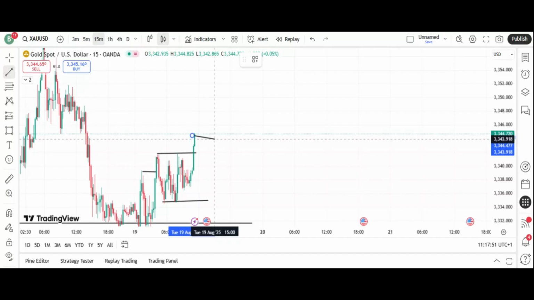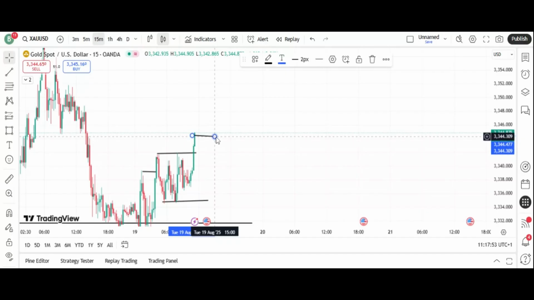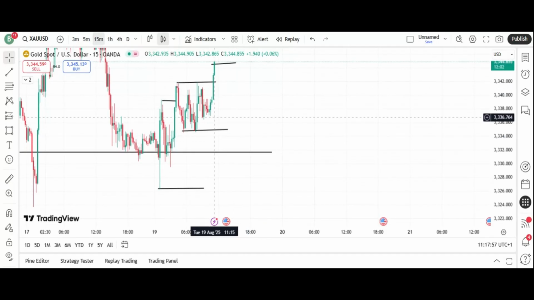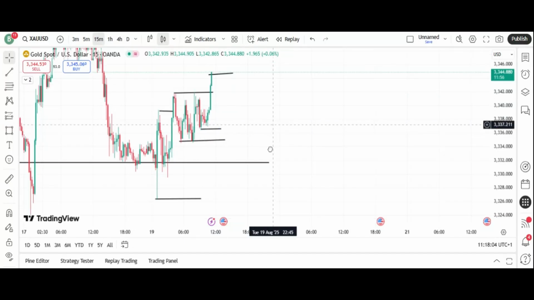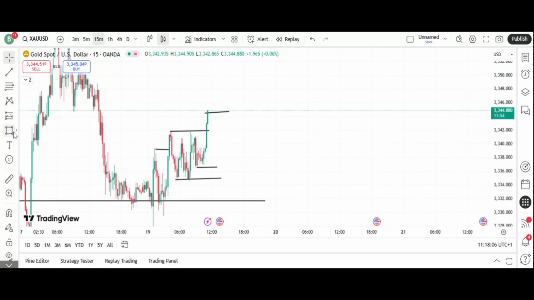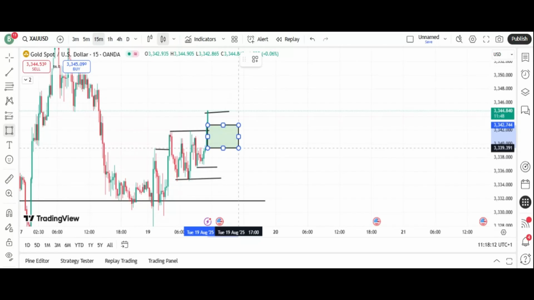I storm in the first one immediately. Then the other half, I wait for it to come down and probably sweep this liquidity here, or this fair value gap, to retrace into this fair value gap. You see?